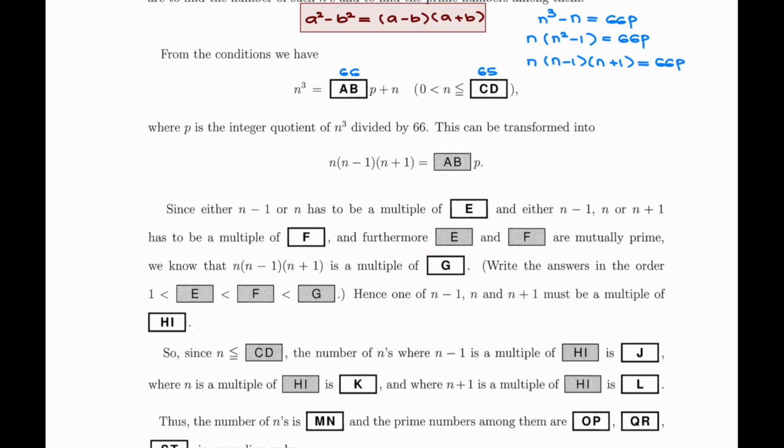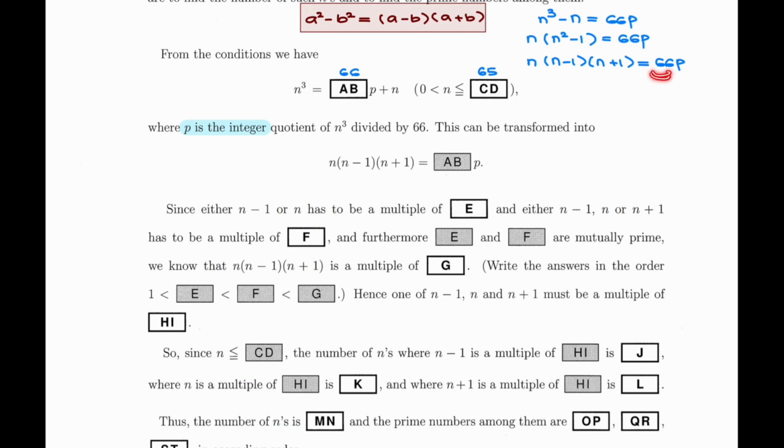As you can see, they say n minus 1, n, and n plus 1. This expression equals 66 times p. You have to remember that p is an integer.